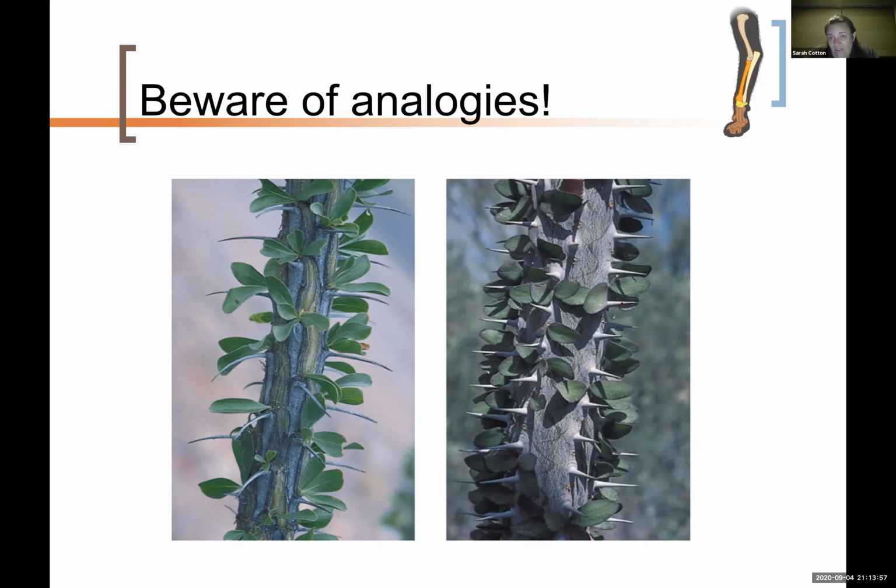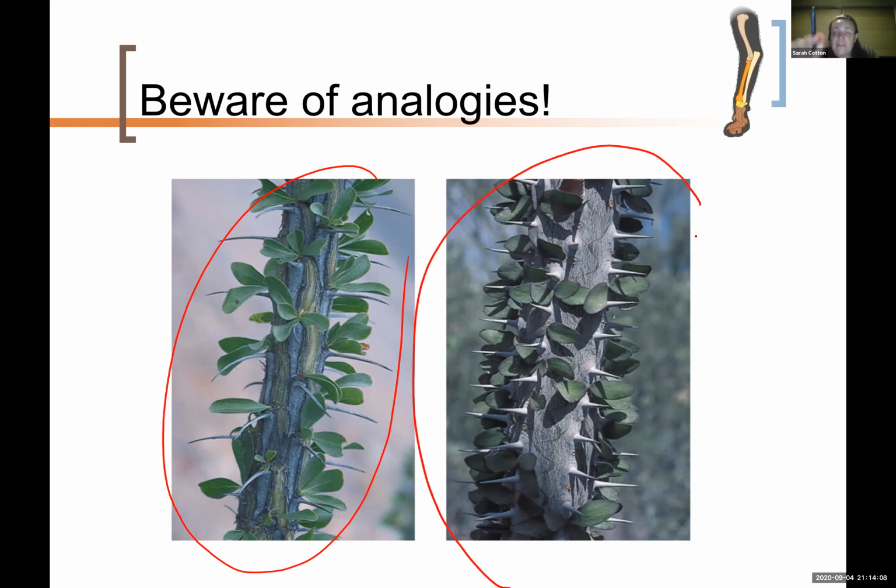I can tell that the actual anatomical structure of those are actually spines, whereas these are something that botanically we call a prickle, because it has a different tissue origin, okay?